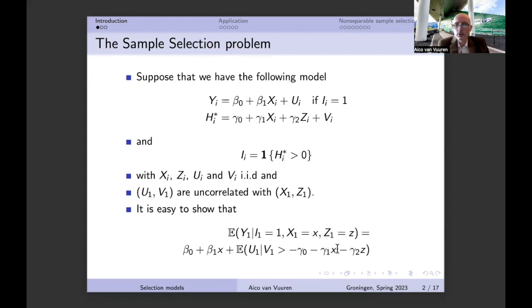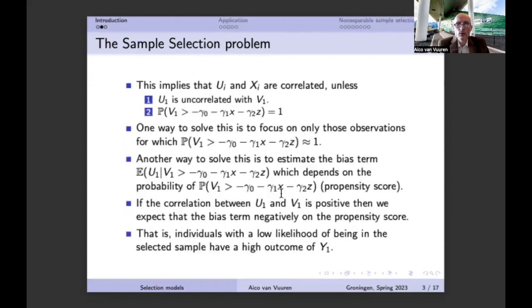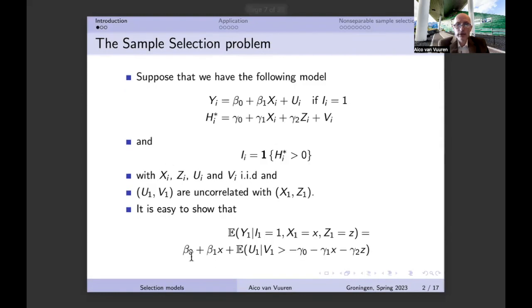So then we can drop this whole part over here, then we still have the mean of u1, but that is equal to 0. So therefore if u1 and v1 are uncorrelated to each other, then we should realize that ordinary least squares still works. But the question of course arises, is that a reasonable assumption to make in our context?